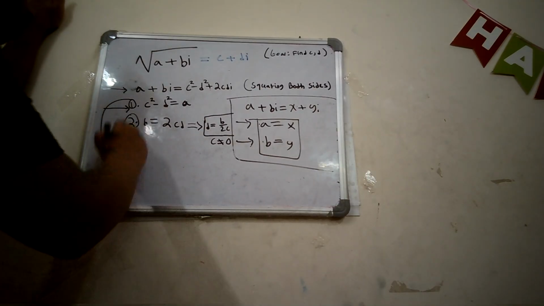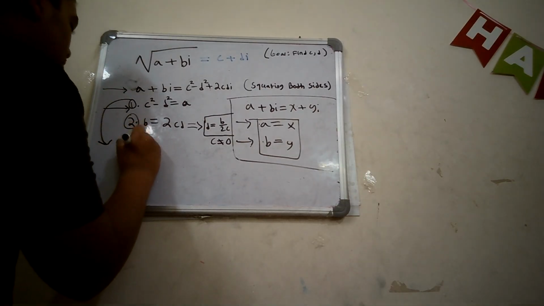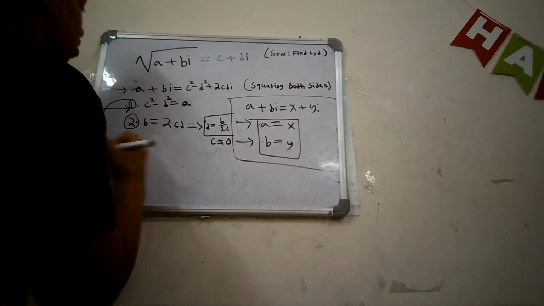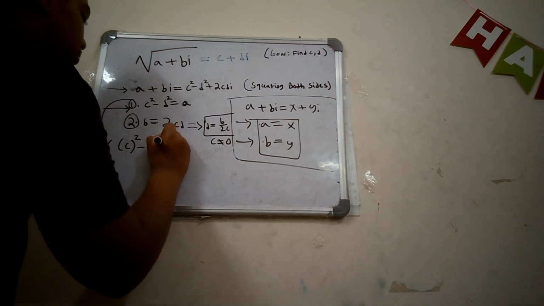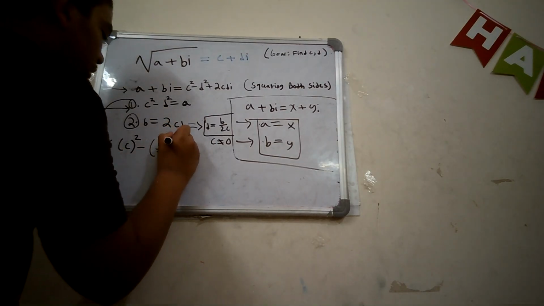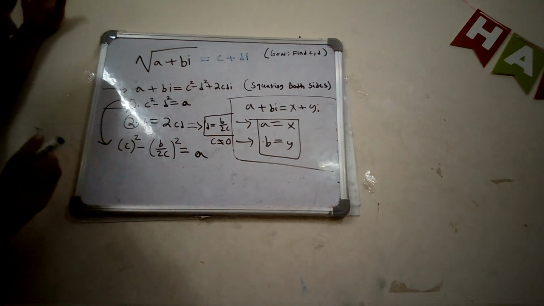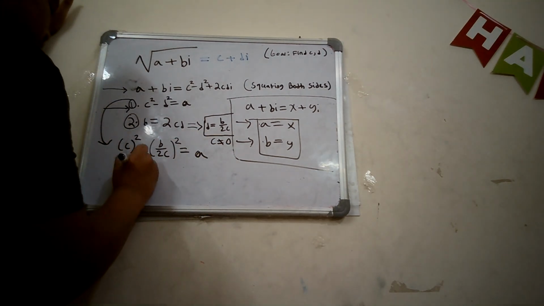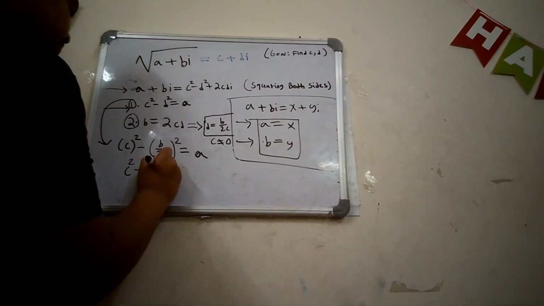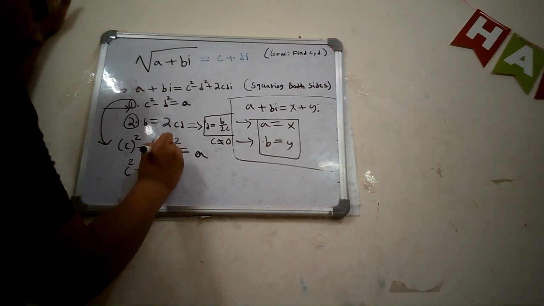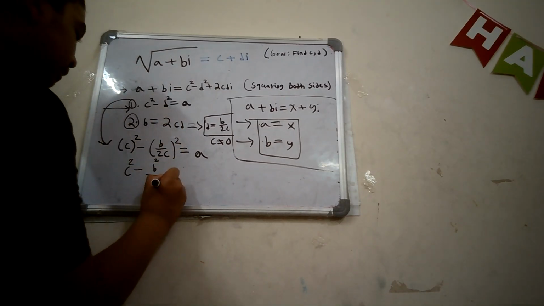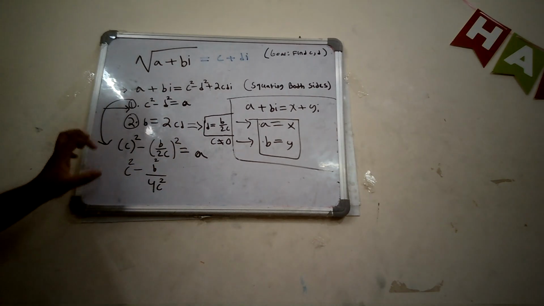So now, this is just c squared minus (b upon 2c) squared equals a. Now first simplify this. This would just be c squared minus b squared upon 4c squared equals a.